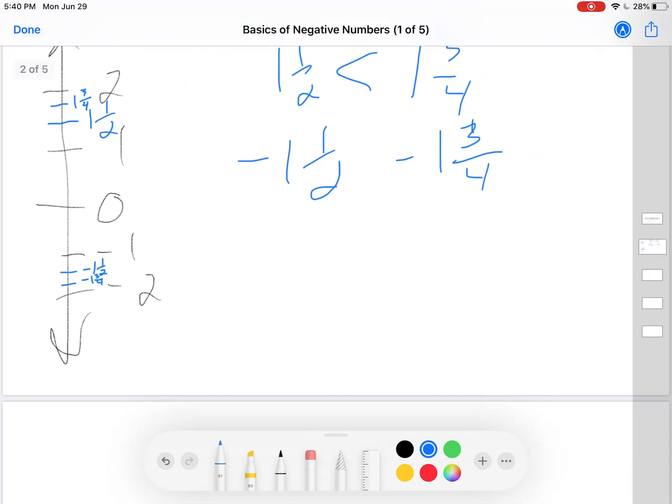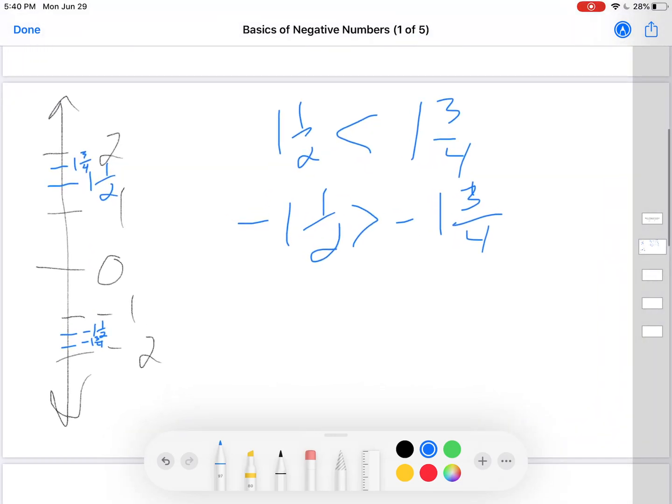Therefore, -1½ is greater than -1 3/4. Similarly, -1.5 is greater than -1.75. It is greater because it is less negative.